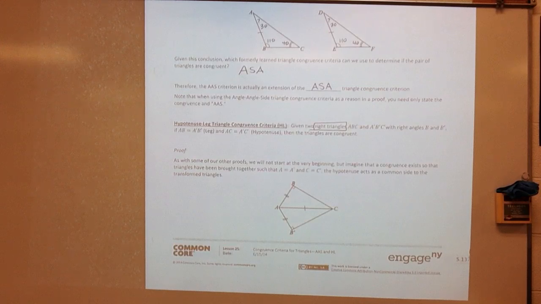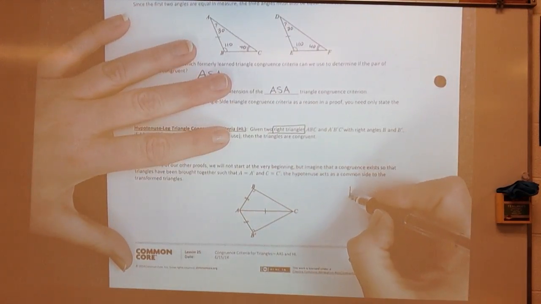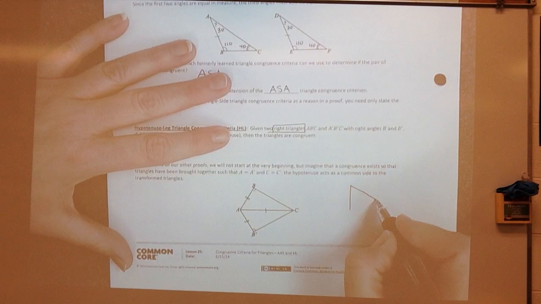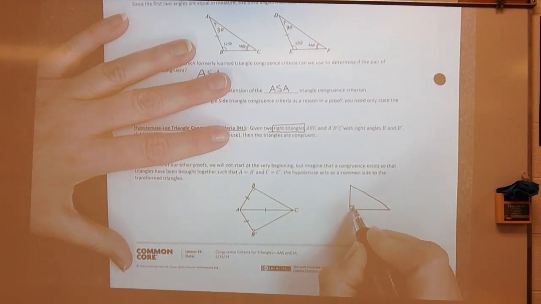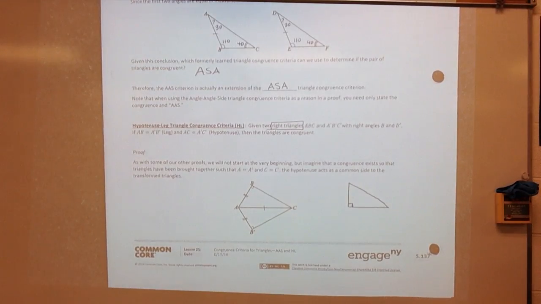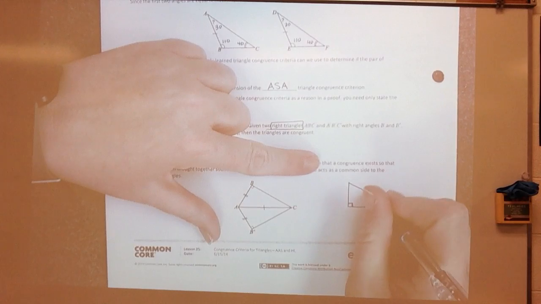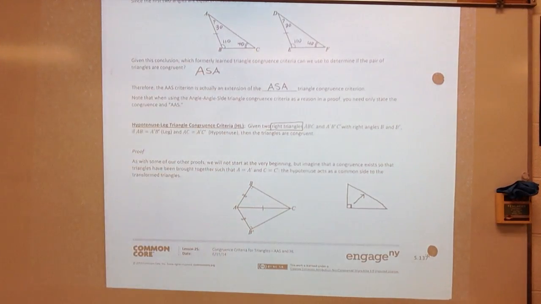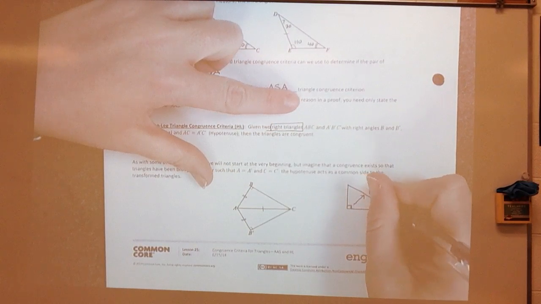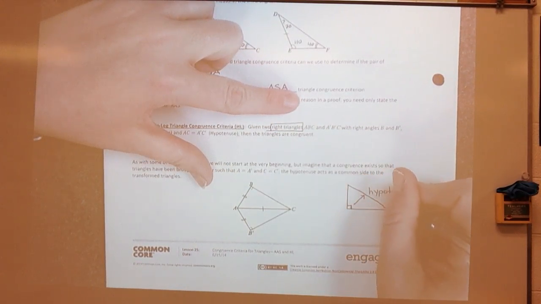We need to make sure we understand the terminology that they are using here. When we deal with a right triangle, the side across from the right angle is what we call the hypotenuse.